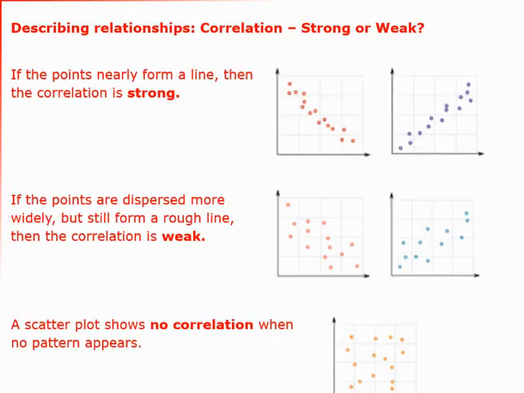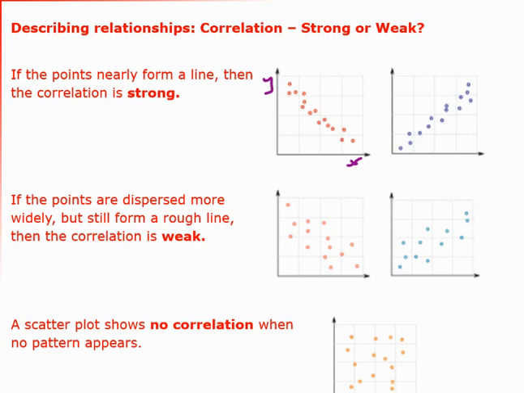Okay, so once we see a pattern of plotted points, we can relate to them in different terms. So describing a relationship, we call this a correlation. In other words, does x relate to y? Is there a correlation? So y does depend on x, in other words.